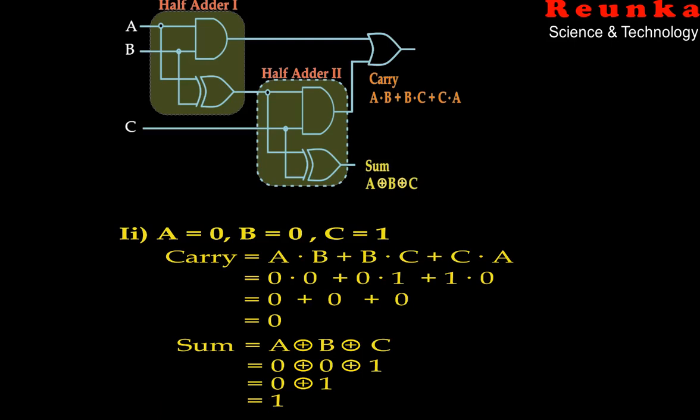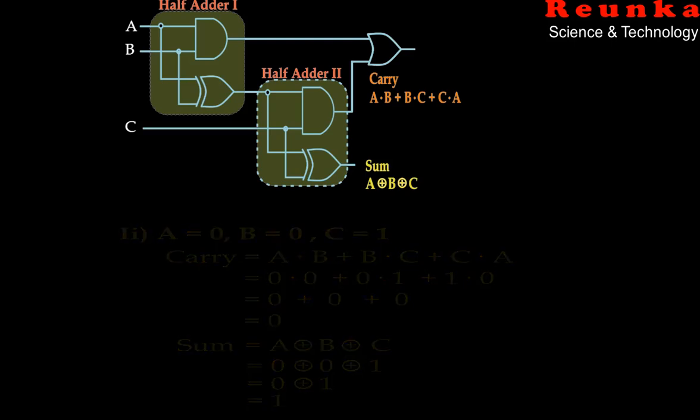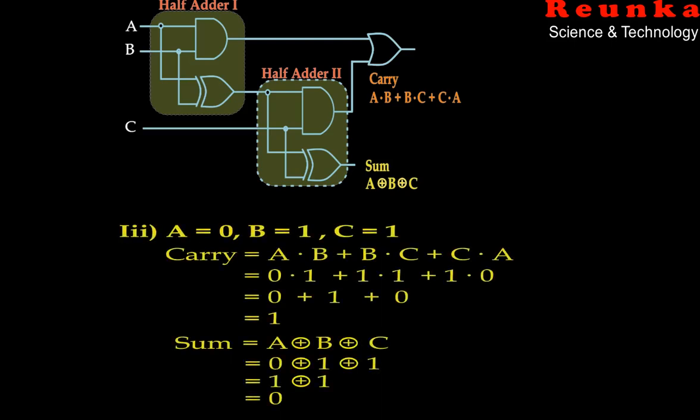At the sum, first A XOR B, that is 0 XOR 0, will be 0, and the third bit C equal to 1, if it is XORed with this 0, 0 XOR 1 is found to be 1. So when A equal to 0, B equal to 0 and C equal to 1, the output is sum equal to 1 and carry equal to 0. So in the 3 bits, if one of the inputs is high, the output is sum equal to 1 and carry equal to 0.